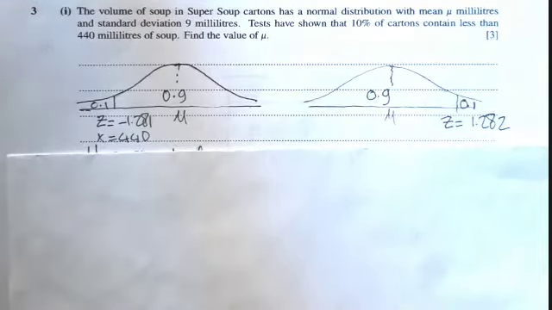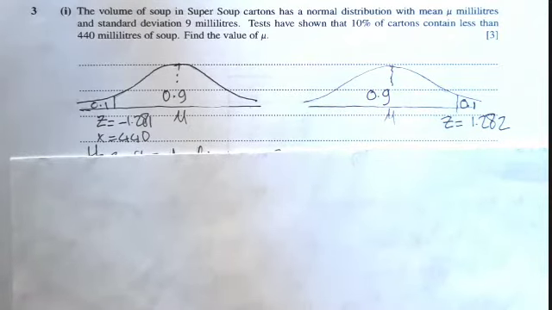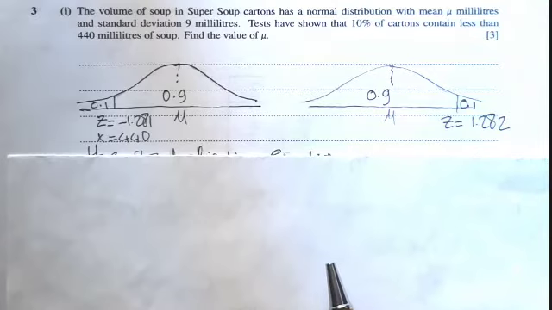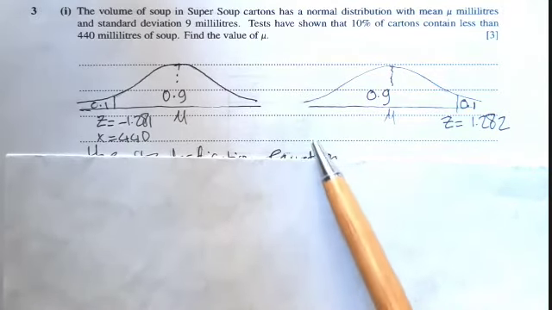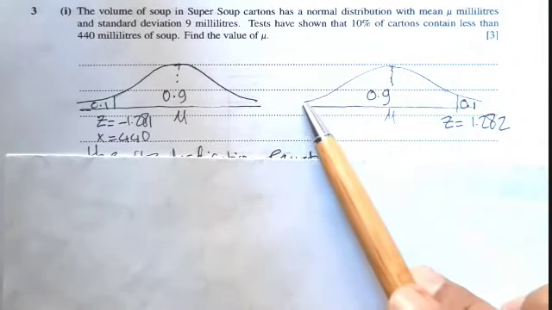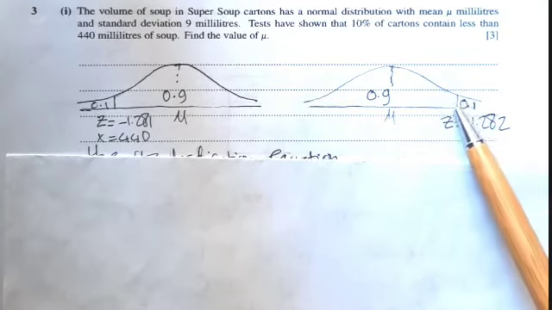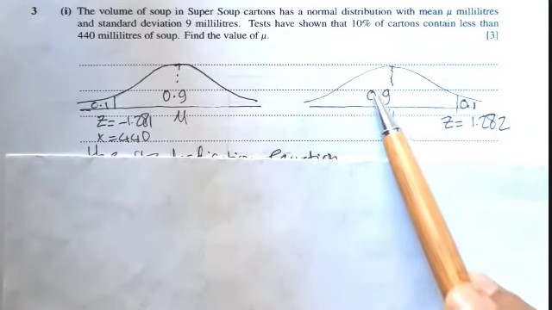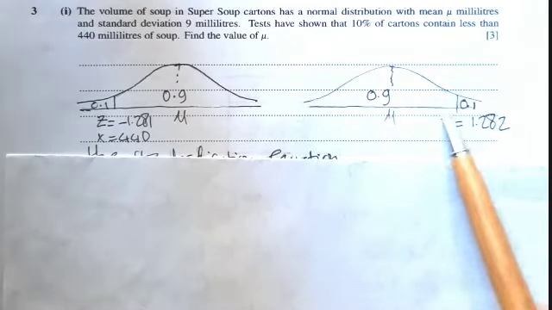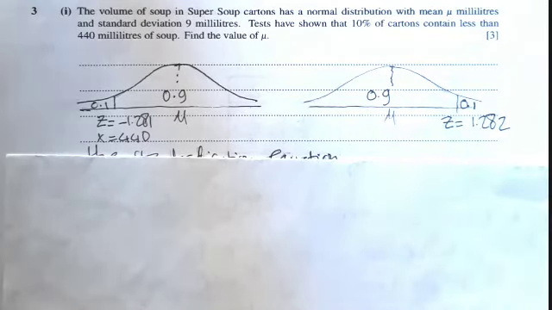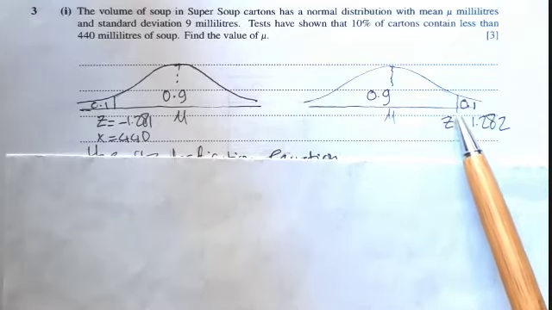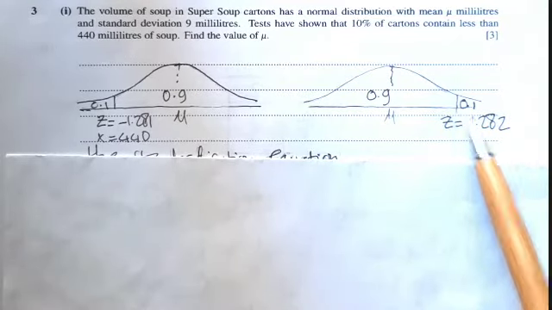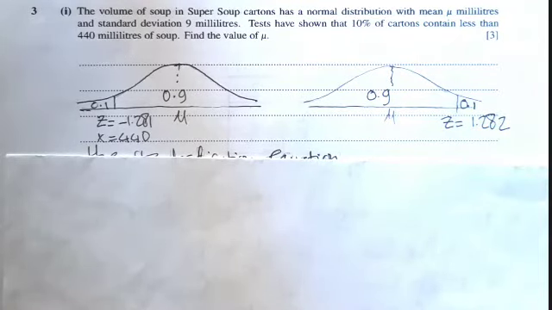Now, here I sketch the standard normal distribution. If the area below is 0.9, you can use your table or calculator to show that Z is 1.282.